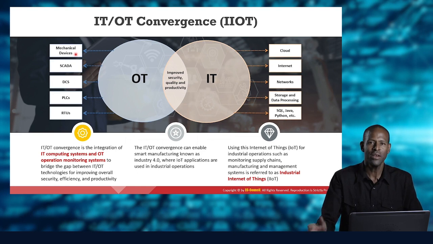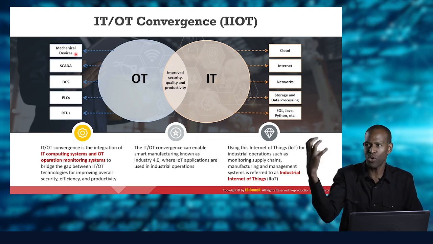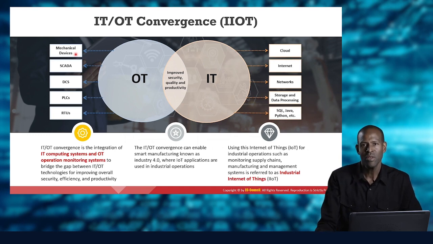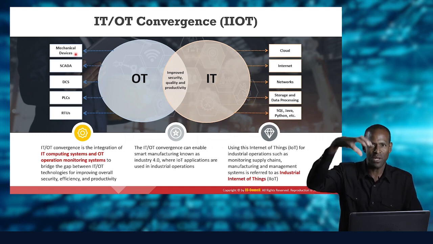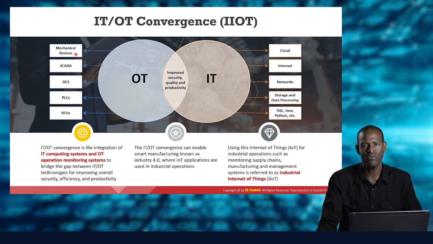Now I'm thinking of a Tesla plant or a GM plant where a door is picked up, or a chassis is put on top of a frame or something like that. So mechanical devices, these big robot arms or actuated devices, SCADA, DCS, PLCs, RTUs, these are all ways to control a small section of the OT network.